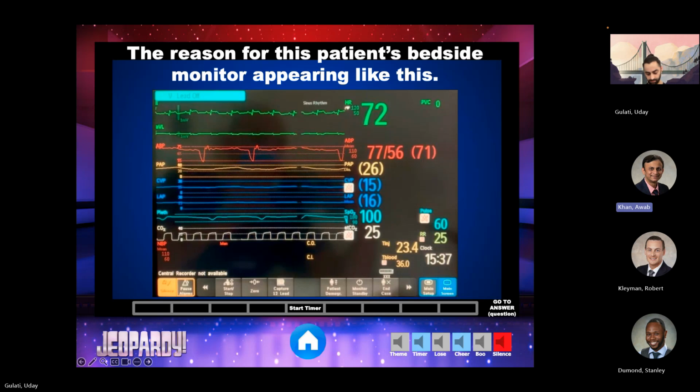Actually, no, it's not. It has an extra beat in there that doesn't have the pressure associated with it. I don't know. You guys want the answer? Yeah. All right, cool. Very bad.